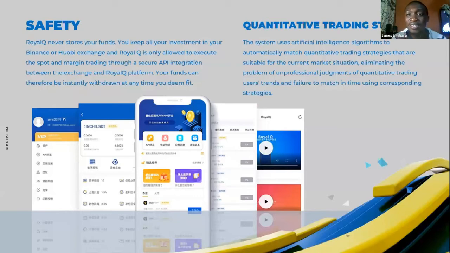So the bot uses that kind of strategy to trade your crypto for you. And this is done purely on spot trading, so it uses what we call a quantitative spot trading strategy. That is why, when you are using this bot, you don't make a loss, or what you see is just a floating loss. It becomes a real loss only when you decide to close or liquidate the trade.